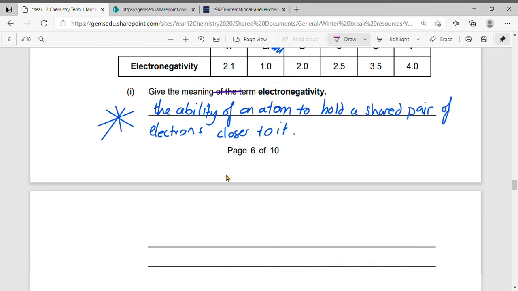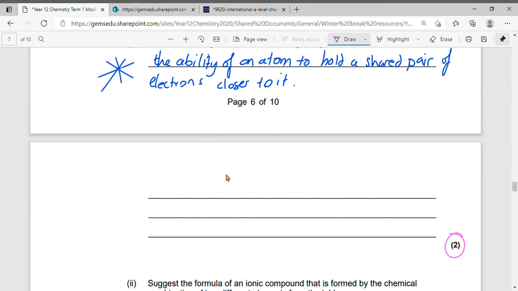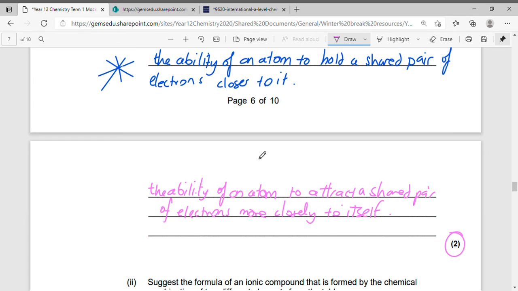I think we got that one, but just for good measure, the ability of an atom to attract a shared pair of electrons more closely to itself. Excellent.